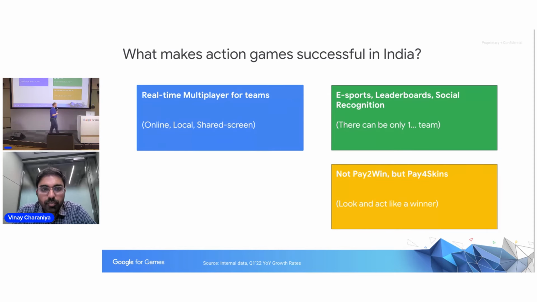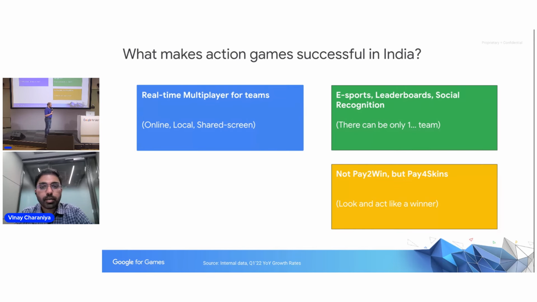Number one, the fact that these were real-time multiplayer games, so you could play with your community, with your friends. You could play in local groups, intercity groups, etc. That's something that was really popular, which is why multiplayer games have become extremely popular in India.